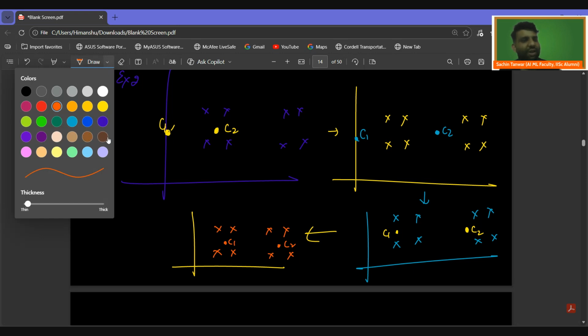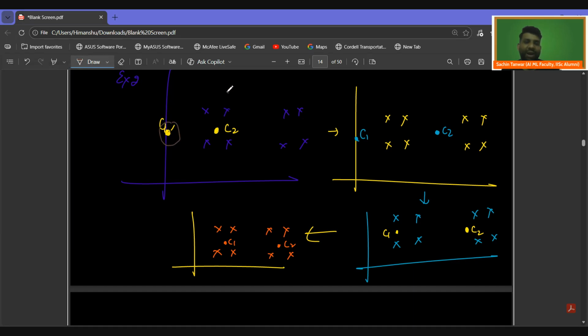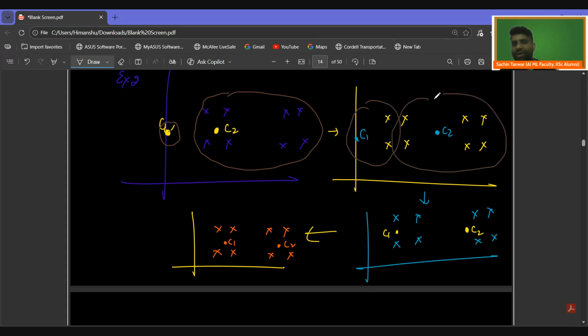I would just like to draw the boundaries only. Over here, this was alone and all this was belonging to one cluster. After that, I recalculated the center. Now if I calculate the membership, this one was the cluster and this one was the cluster, so based on that I got this one as the cluster and this.